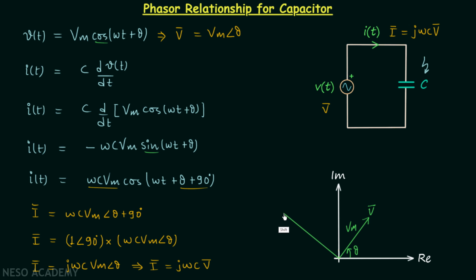So we will have the vector like this. I phasor magnitude is omega C Vm making an angle theta plus 90 degrees. So you can see that current is leading the voltage by 90 degrees in case of capacitor, or you can say that voltage is lagging the current by 90 degrees in case of capacitor.